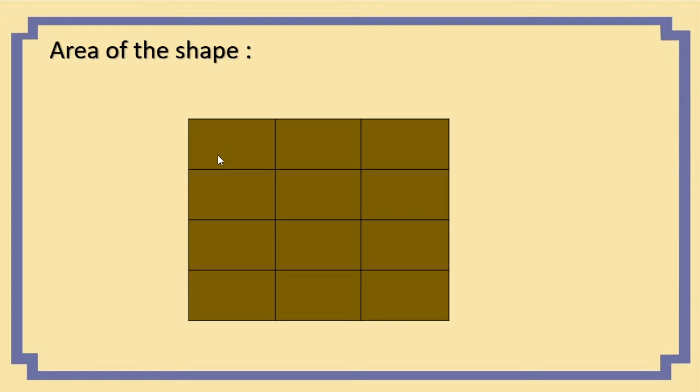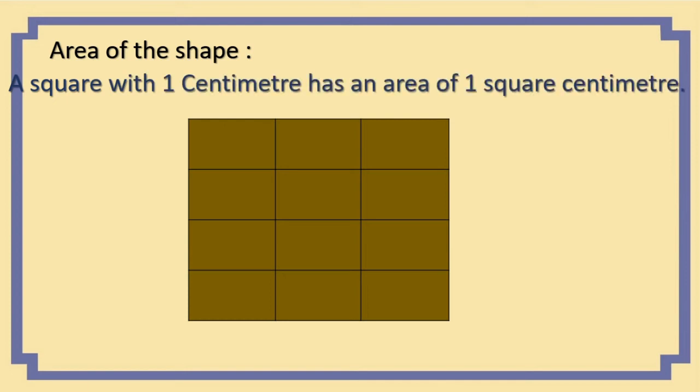Now, to find out the area of this rectangular piece of paper, let us count the number of squares with sides of 1 centimeter on the paper. Now, here we can write like this: a square with 1 centimeter has an area of 1 square centimeter. I will show you.